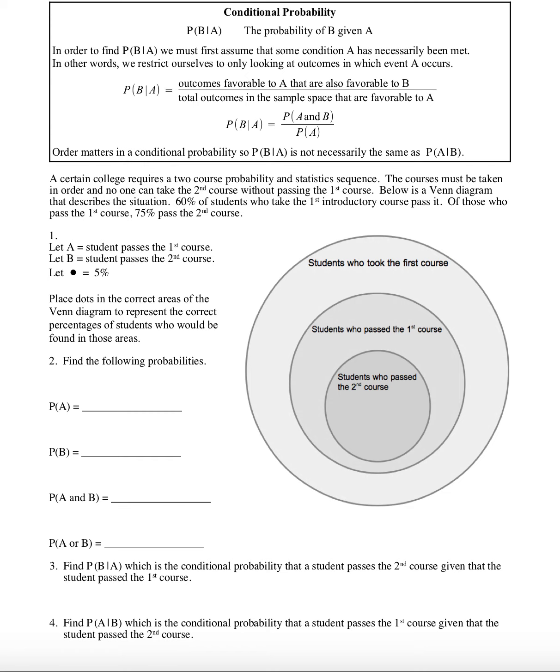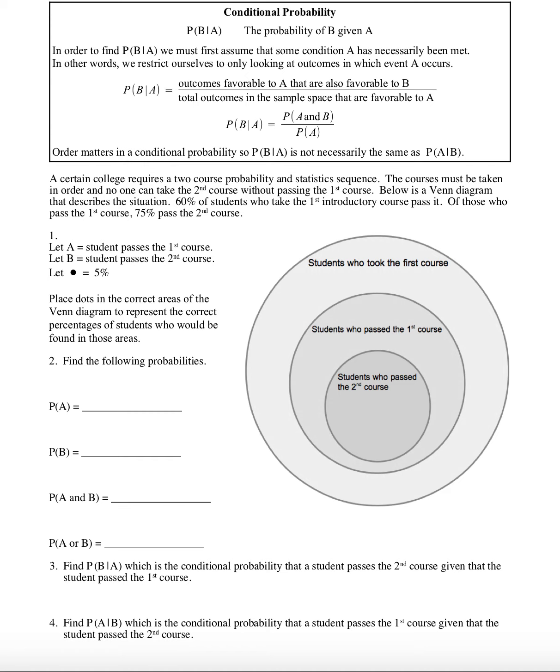And of those who pass the first, 75% will pass the second. So that last part is a conditional probability. The statistic that's given is only based on those who passed the first. It doesn't include those who didn't pass the first.